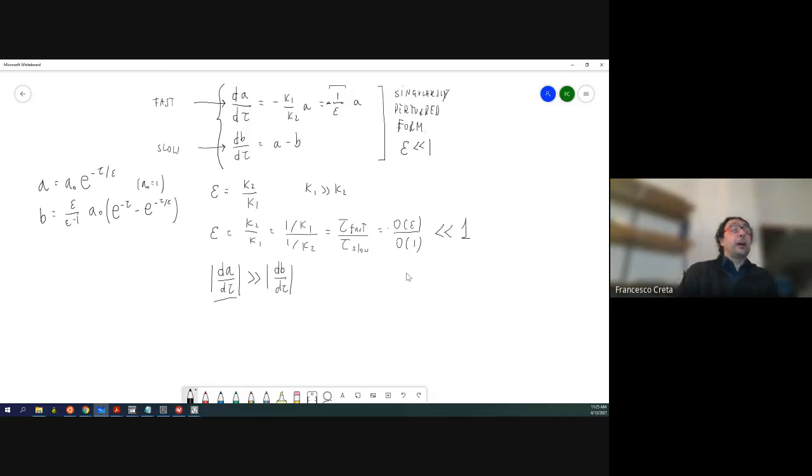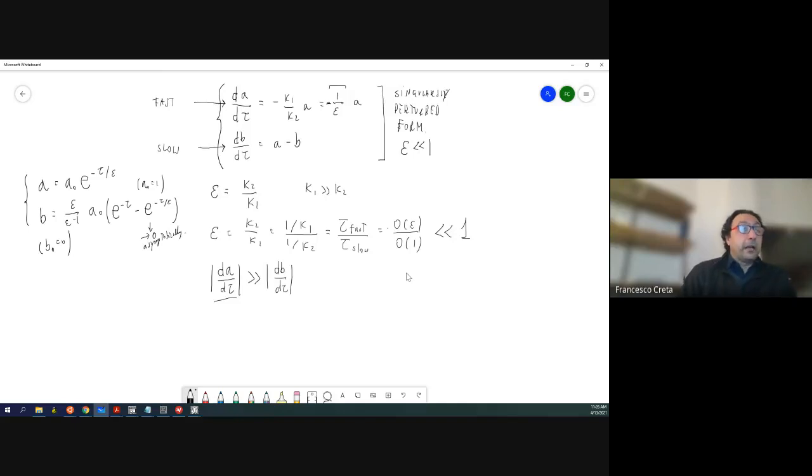So clearly now, because it's divided by epsilon, 1 over epsilon is a large number, this will go to 0 asymptotically, or very fast. And we have implicitly said that B0 is 0, but that doesn't really make too much difference.